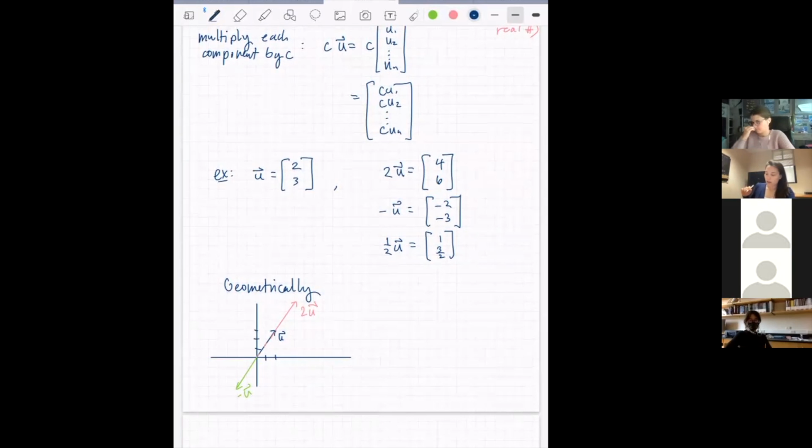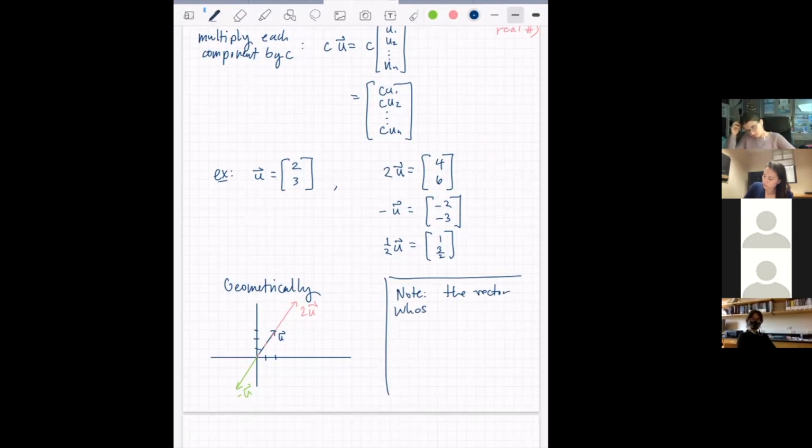One thing I wanted to point out is that the vector whose components are all 0 is called the 0 vector, right?